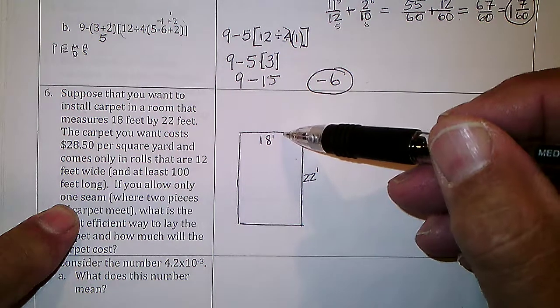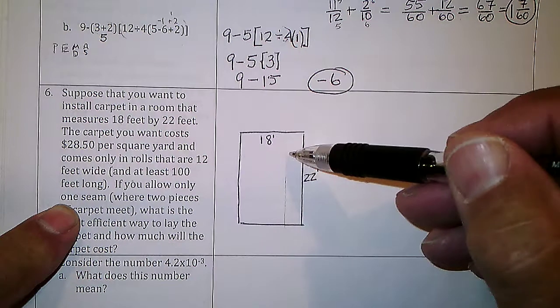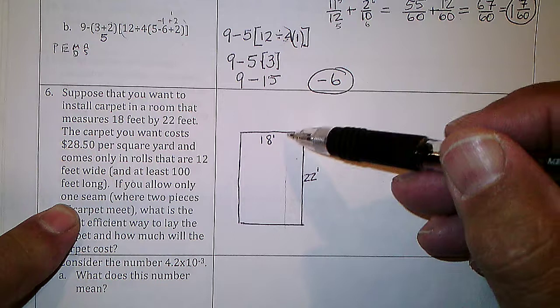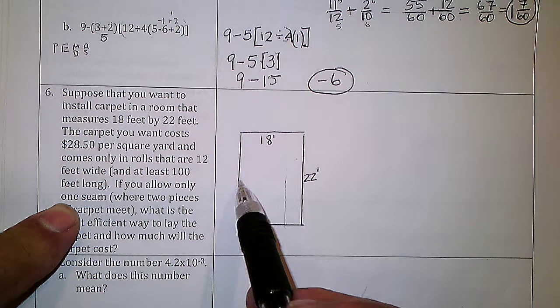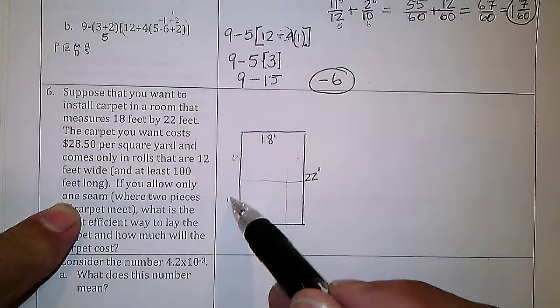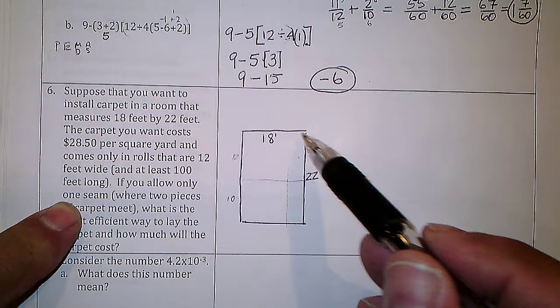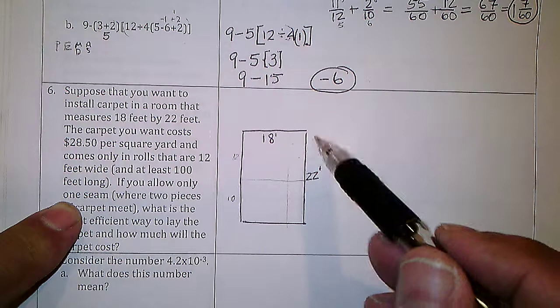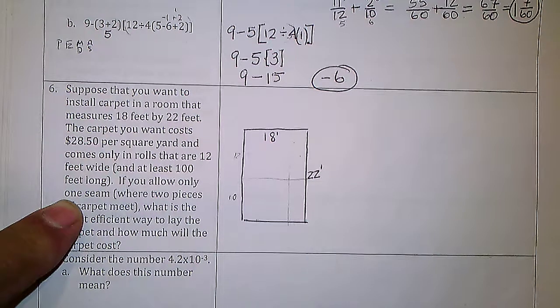Well, if I do 12 foot this way, then I'd have 6 feet, and I'd have one seam this way. If I do it 12 foot this way, then I'd have 10 foot, and it looks like I would be wasting less. If I go this way, this would be 6 feet, and I'd be wasting half of the 12 feet. Here I'm only wasting 2 feet.